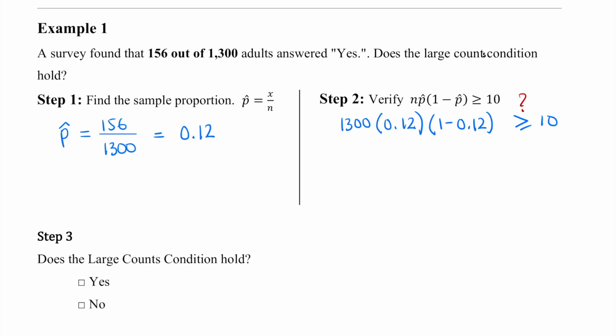So I have 1300 times 0.12 times 0.88. And that is 137.28, which is greater than or equal to 10. So the large counts condition is satisfied.